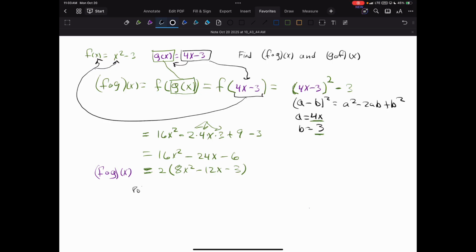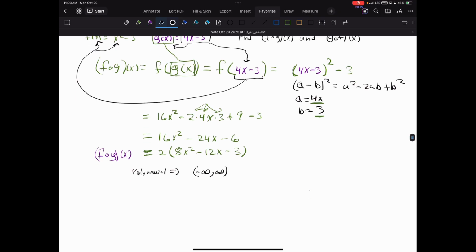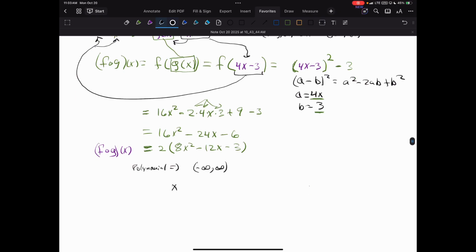This is a polynomial, which implies that our domain is negative infinity to infinity. And we could also say that our x is an element of all real numbers. We could say that is our set notation version of this.